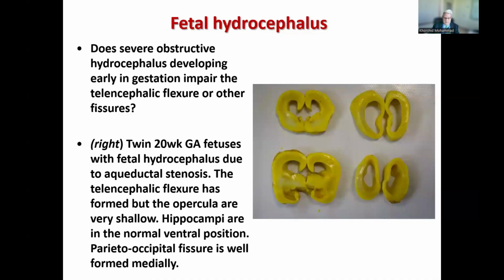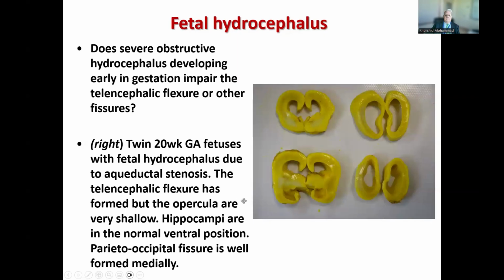Now, fetal hydrocephalus: we can ask, does severe obstructive hydrocephalus developing early in gestation impair the telencephalic flexure or other fissures? And we already saw in one case that it did not. So here are two twin 20-week fetuses with fetal hydrocephalus, both of them due to aqueductal stenosis.